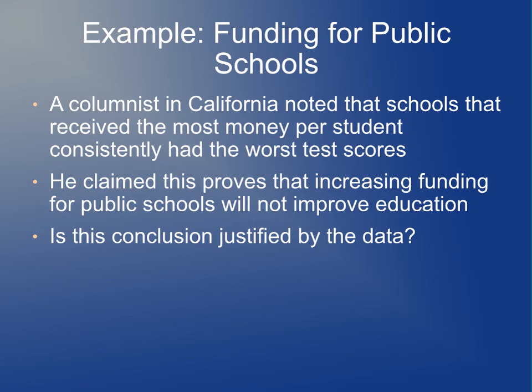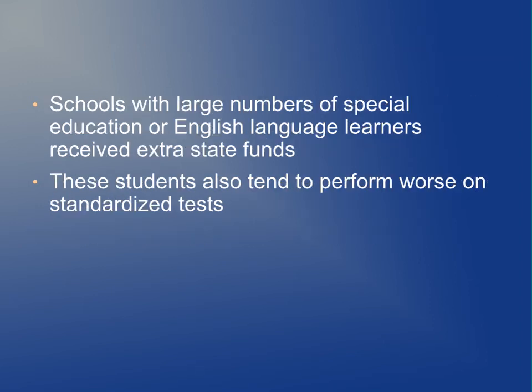But is that really justified based on this data? Well, as it turns out, schools that get the most money from the state tend to be the schools with the largest number of special education kids, or the schools with large numbers of kids for whom English isn't a first language. They get extra money, and obviously special ed kids and kids that are learning English tend to not do as well on standardized tests.